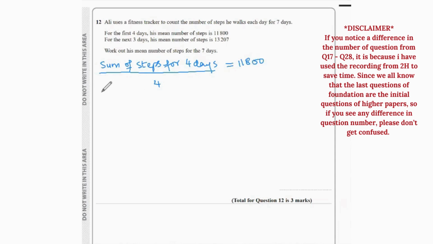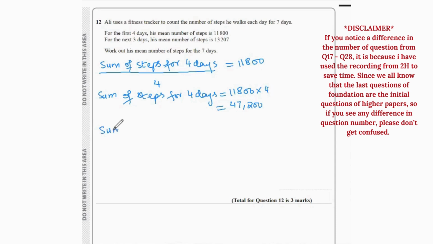When you cross multiply, that gives us the sum of steps for 4 days: 11,800 times 4, which equals 47,200. Now we're going to do the same thing for the next 3 days.